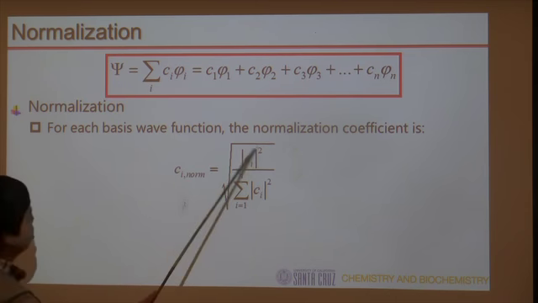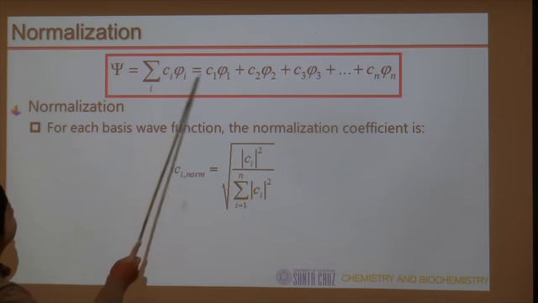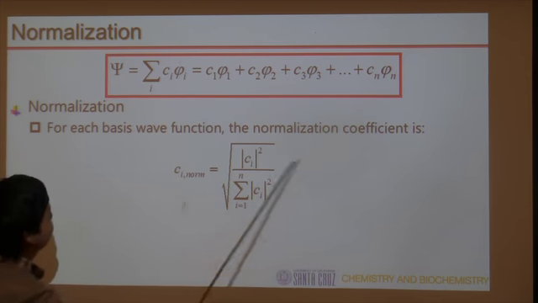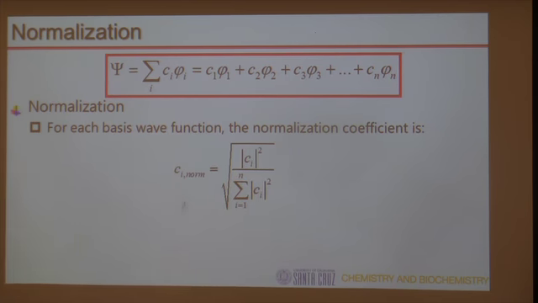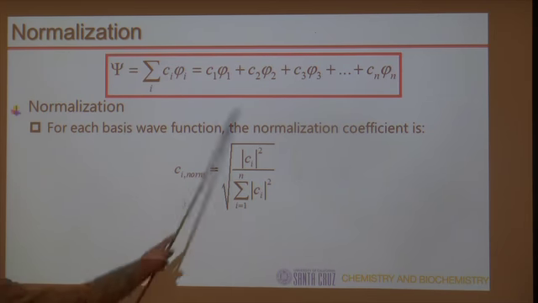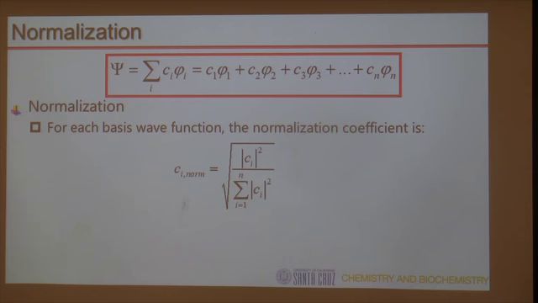We square each coefficient, add them together, divide by that sum, and take the square root to give this. So this is how you normalize it. Okay, this is a very important equation.